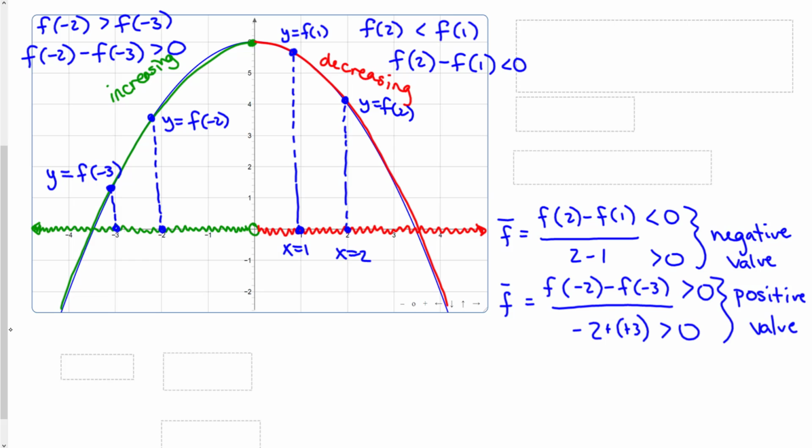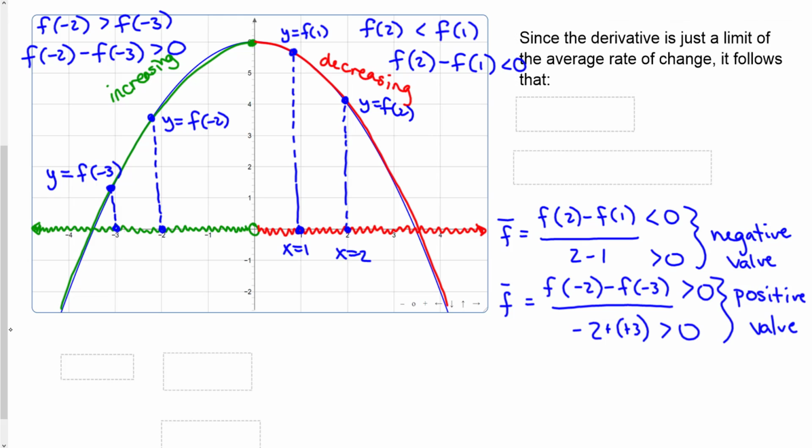So what we can determine here is that since the derivative is just a limit of the average rate of change, and that's what we just calculated here, it would follow that if the derivative is positive, then that means the function on that interval is increasing.